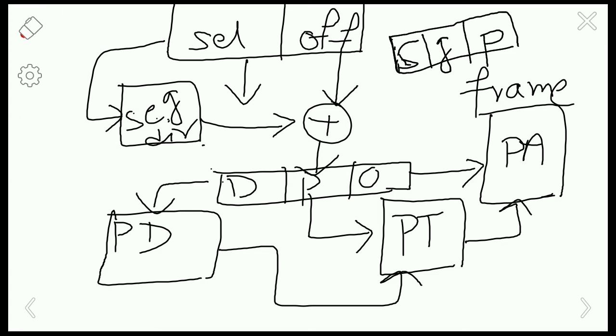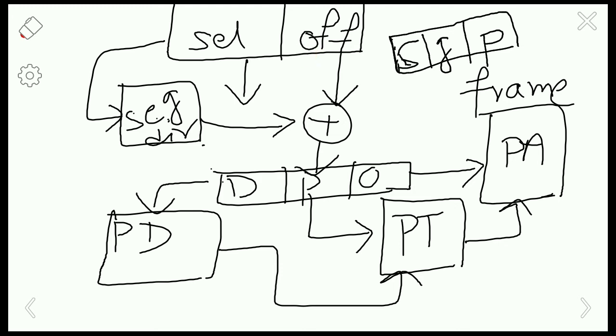The selector is further divided into parts: the segment number, G and P. G means whether the given data is global or local, that means whether it is shareable or private, and P denotes the protection bit, whether the given segment is valid or not. So the selector and offset form the logical address generated here.